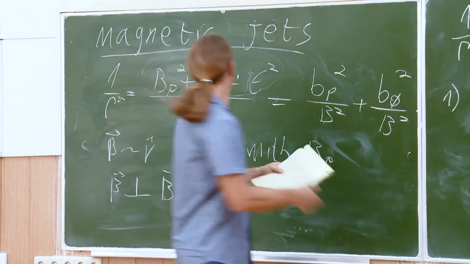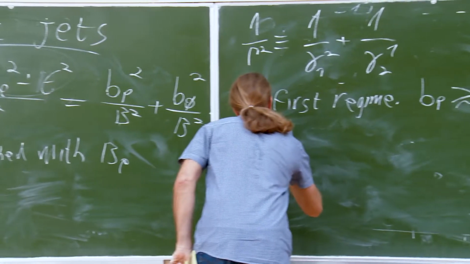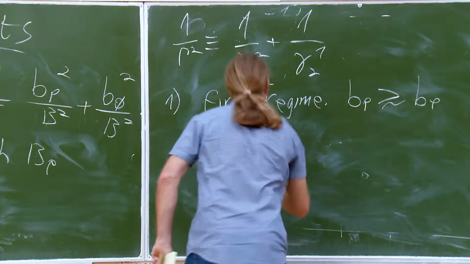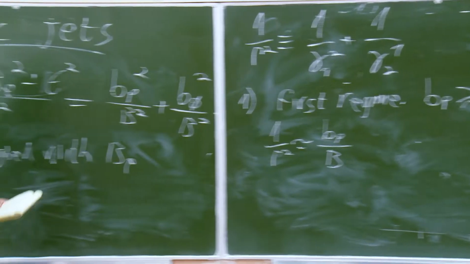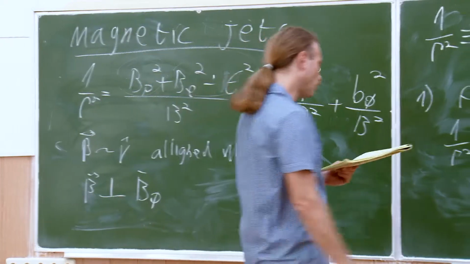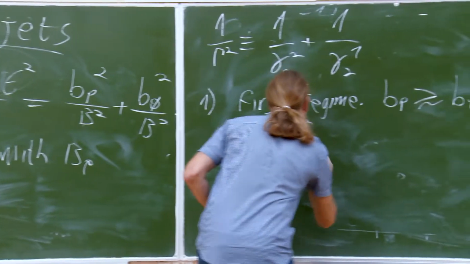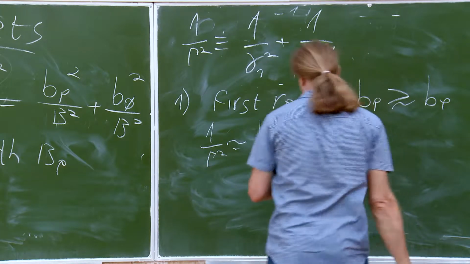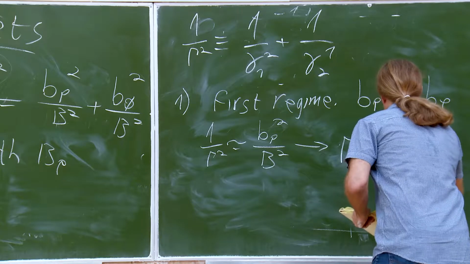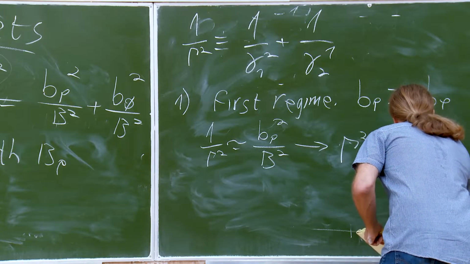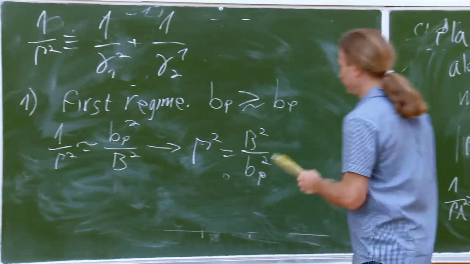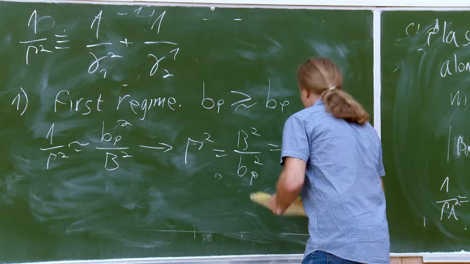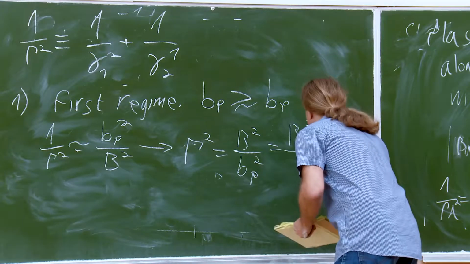So here, 1 over gamma square is roughly equal to BP square divided by B square. I forgot the square. So then gamma square is equal to B square divided by BP square. I just flipped it. And this is equal to BP square plus B phi square divided by BP square, right?